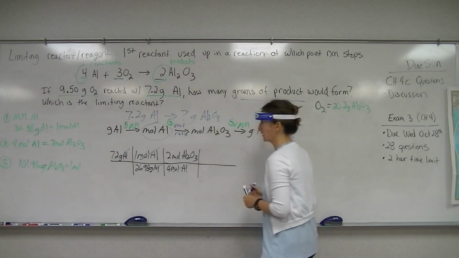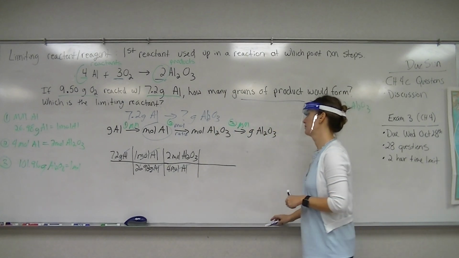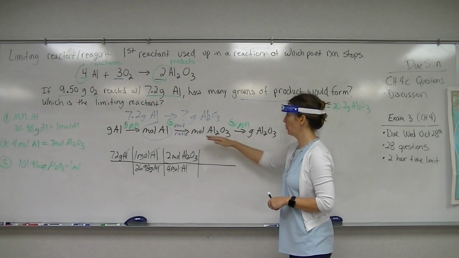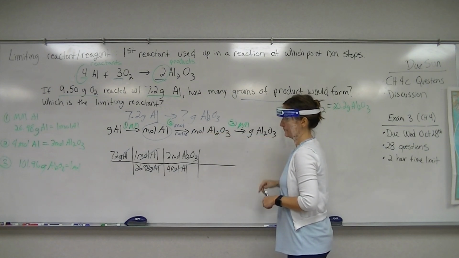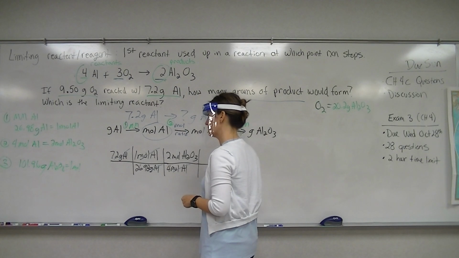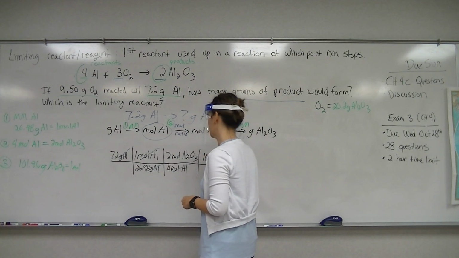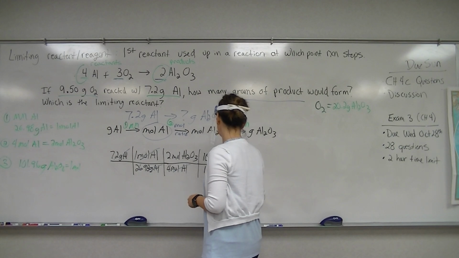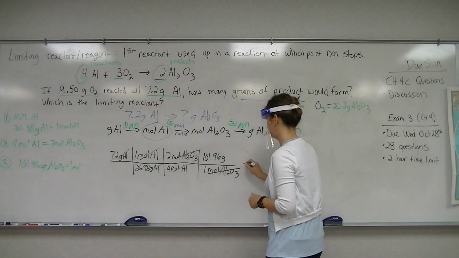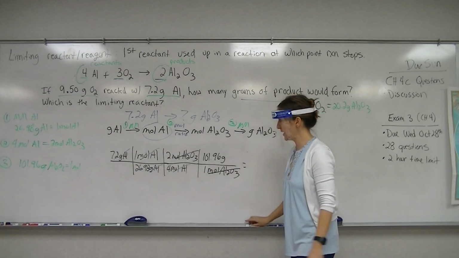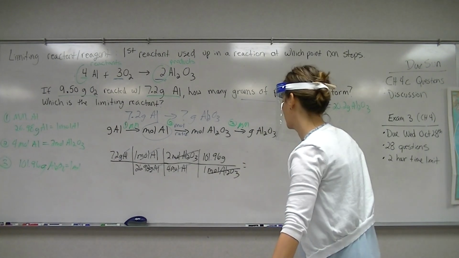Now, last step. We're at moles of aluminum oxide. We want to get to grams. So we're using the molar mass. We get 101.96. And then moles on bottom. Multiply across, divide by what's on the bottom.